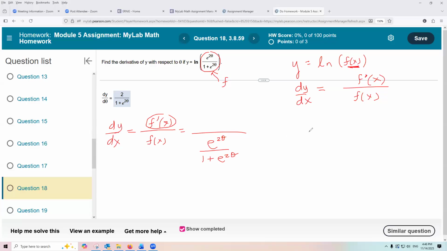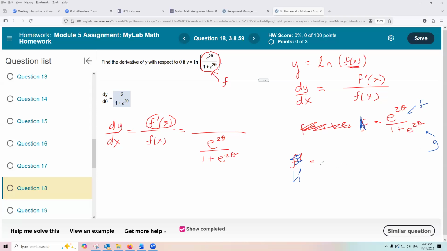f prime, I need the quotient rule. f is e to the 2 theta over 1 plus e to the 2 theta. I want to find the derivative, so I'm going to need the quotient rule. Usually for the quotient rule, I label the top as f, the bottom as g. Let me call this function here h to avoid a little confusion, so I'm going to call this h prime.